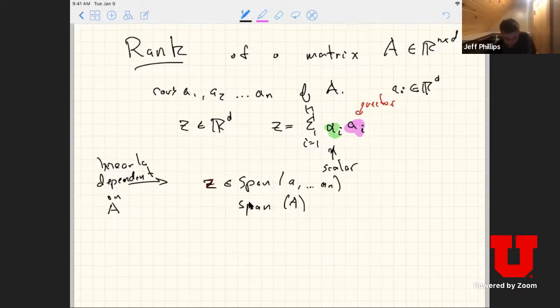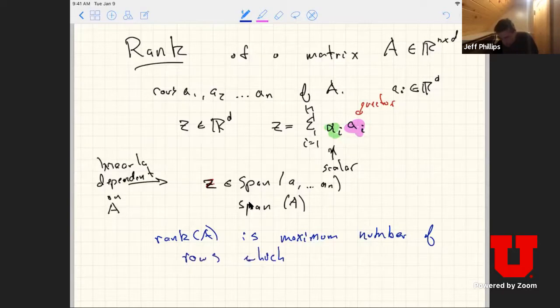So, to review, the rank of A is going to be the maximum number of rows which are linearly independent of each other.